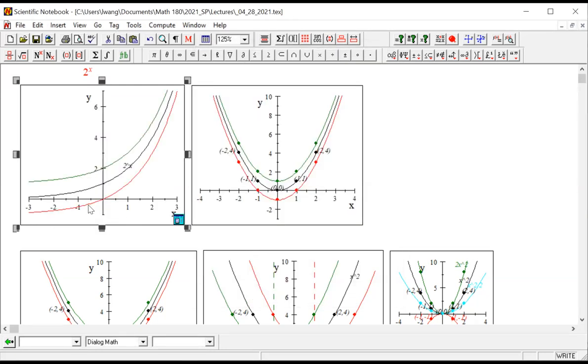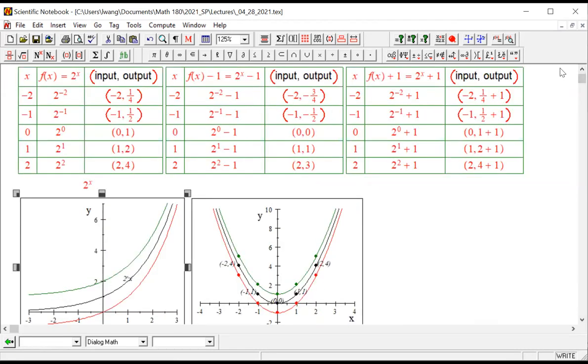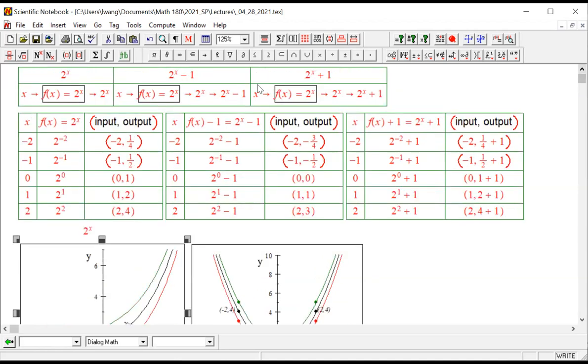You can see that just like quadratic, if you take the entire function and shift up, this is the entire function shifted down, and the entire function shifted up.